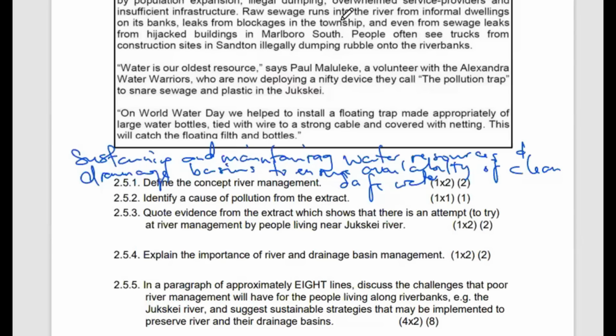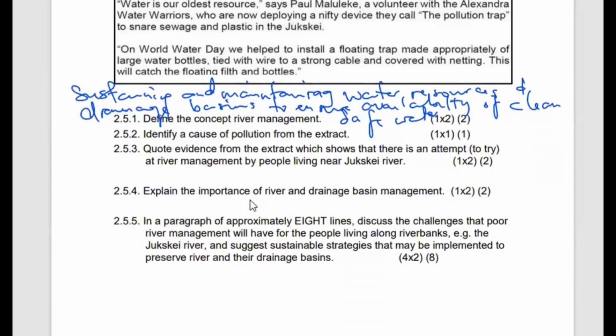It also talks about raw sewage. So we find that these are the causes of pollution from the extract: population expansion is one cause, illegal dumping is another, overwhelmed service providers, insufficient infrastructure, and also sewage. These are the causes according to the extract. We just extract the evidence from the sources given.